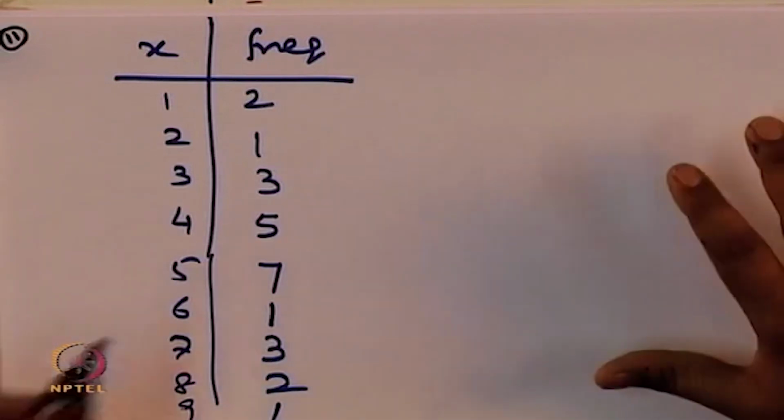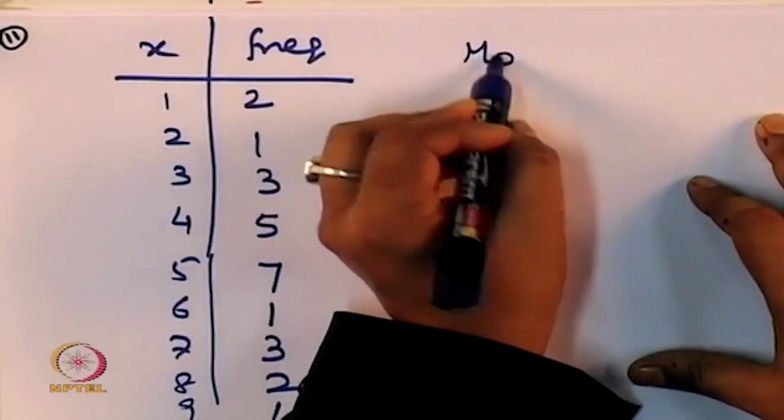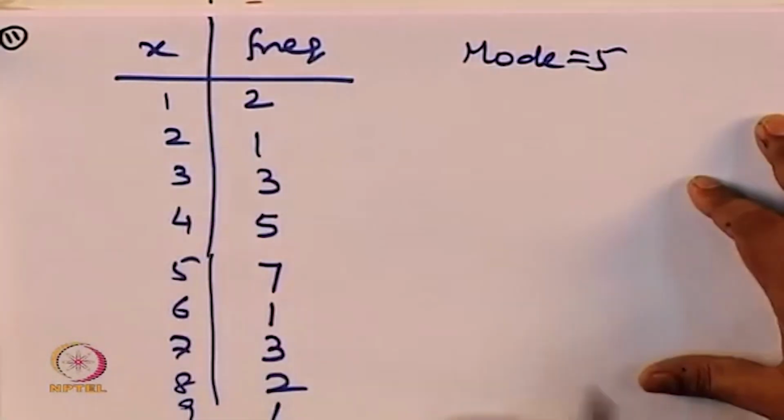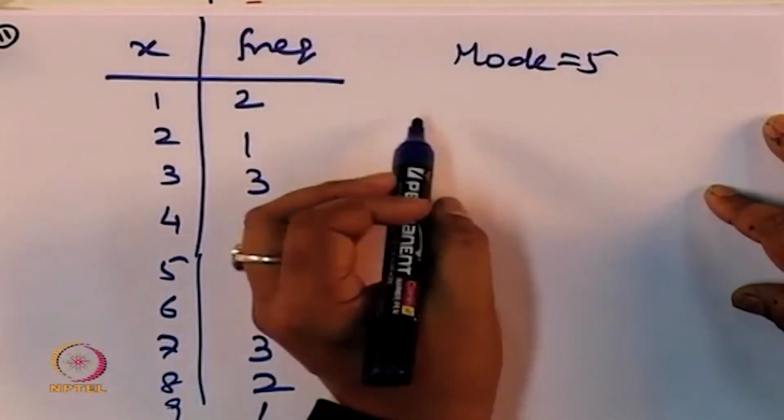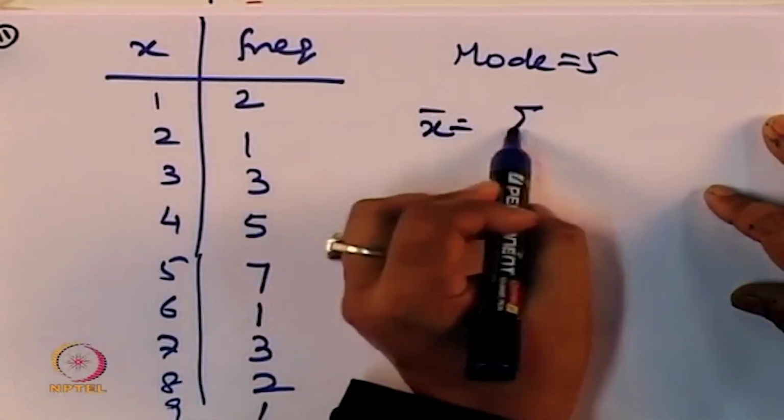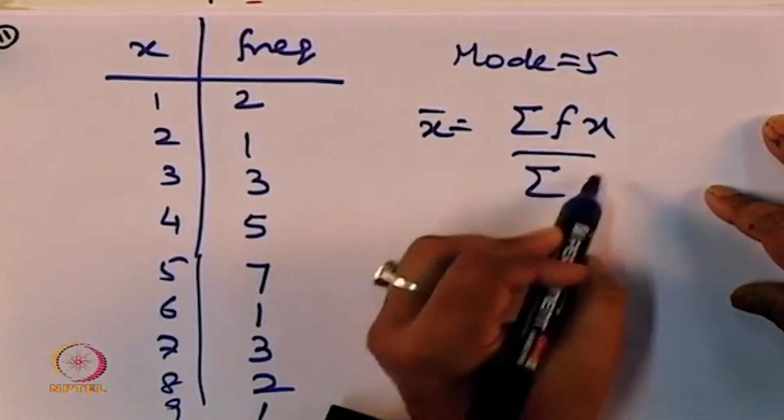For this particular distribution we want to identify the mode, which we already have. So, my mode is equal to 5. Let us calculate the mean then. I can use the formula x bar equals summation f x by summation f.